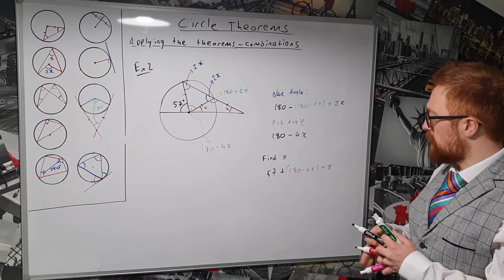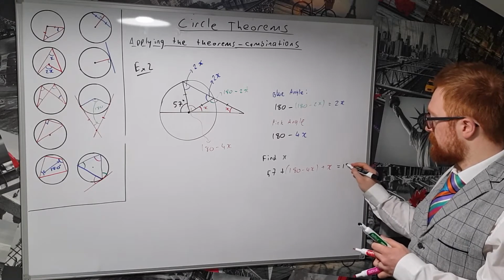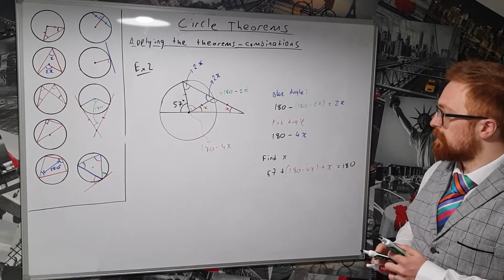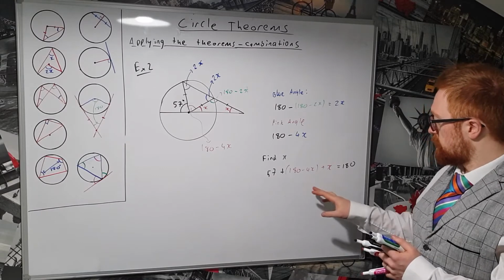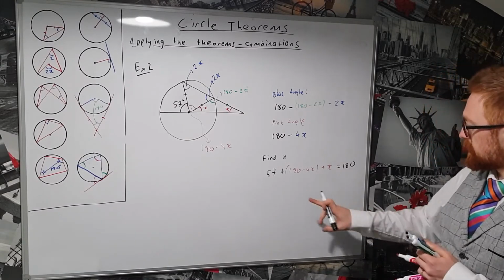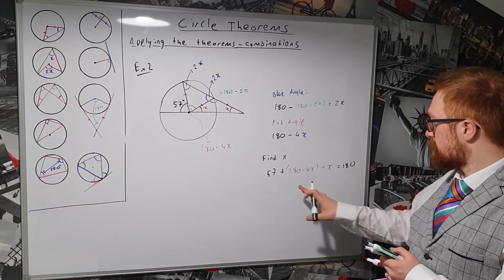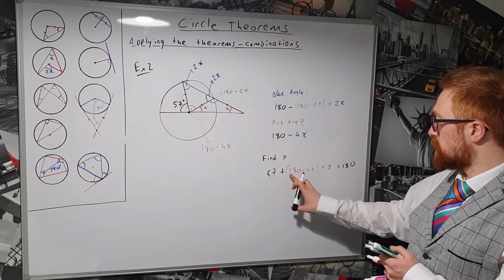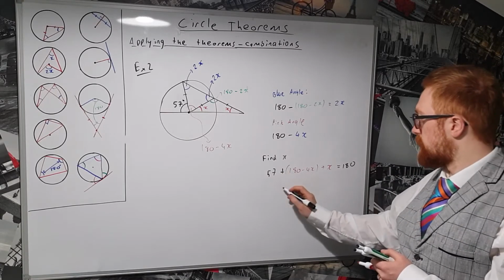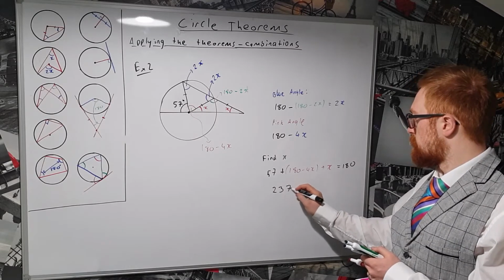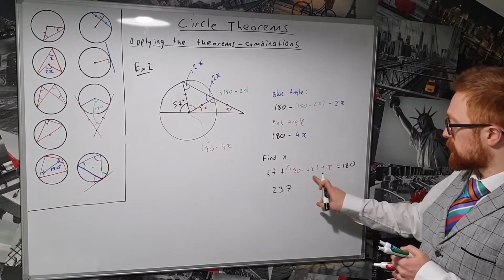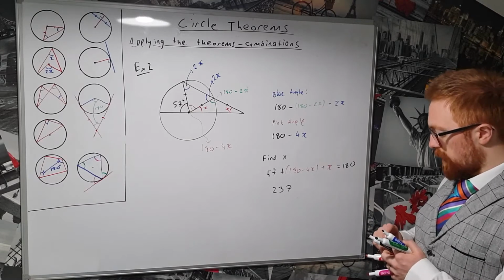And that has to be equal to 180. Okay, so we're into the final steps now. So let's simplify this down. So 57 plus 180 is equal to 237. Take away the 4x plus x is take away 3x.